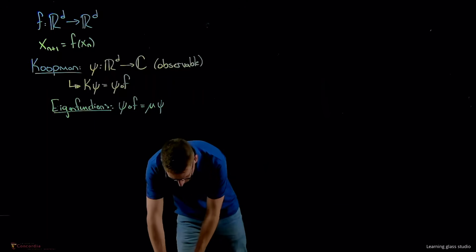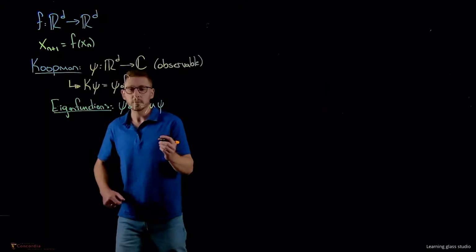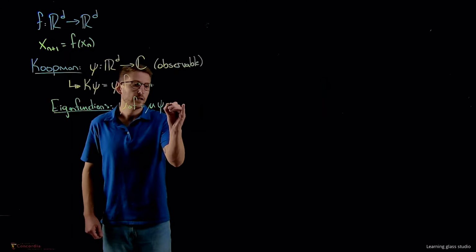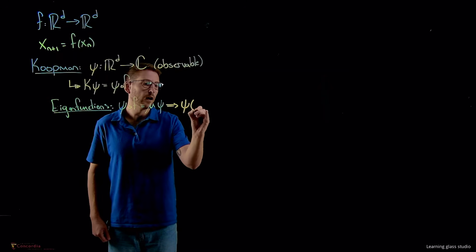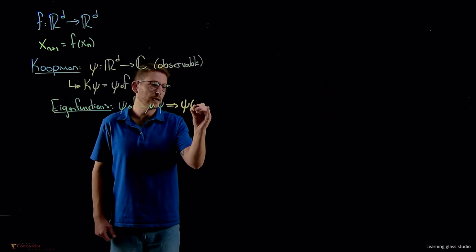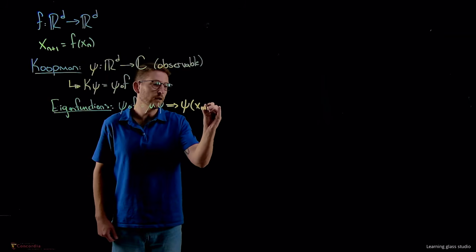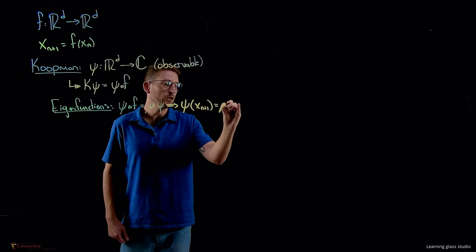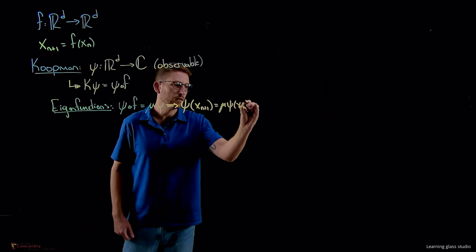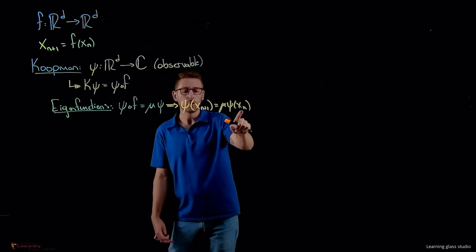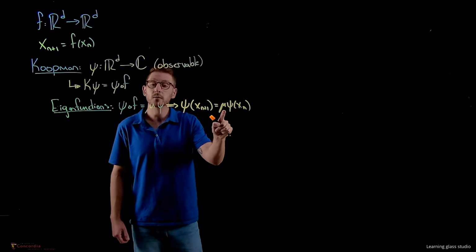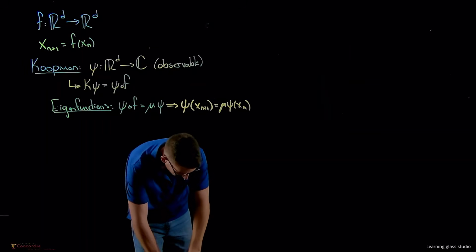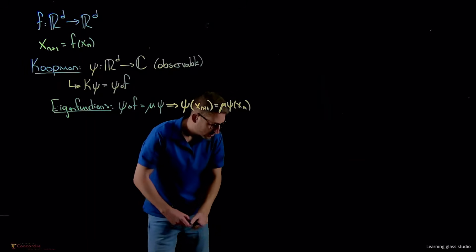In particular, if you do this at a specific data point, this tells you that psi of f of x_n, which is x_{n+1}, is equal to mu times psi of x_n. So it says that if I want to move forward in time inside of the observable, I just need to multiply by the eigenvalue. That defines a linear relationship.